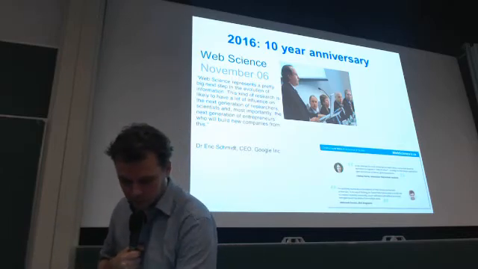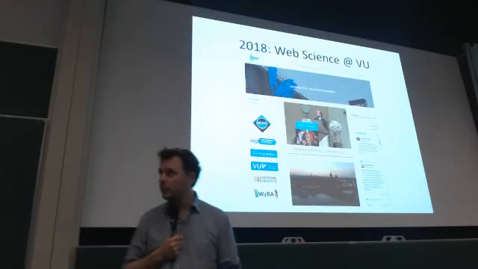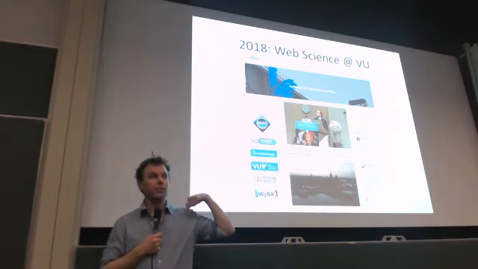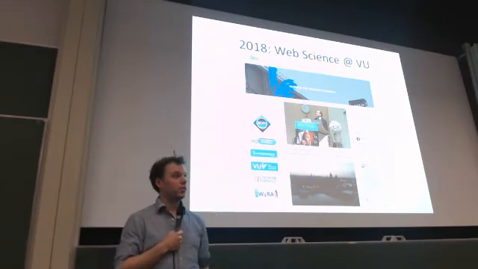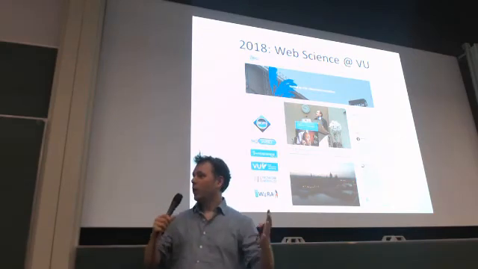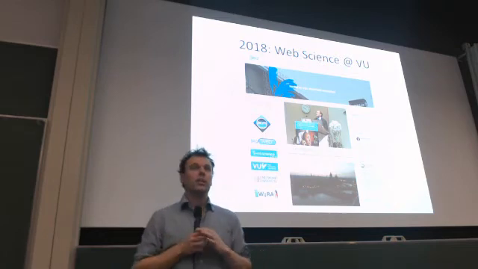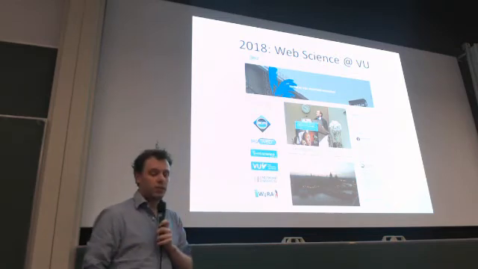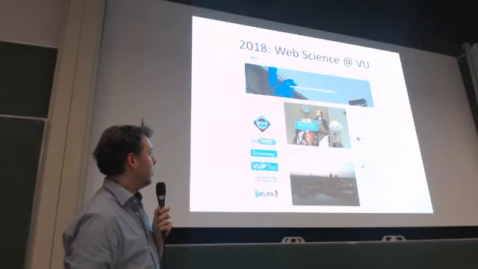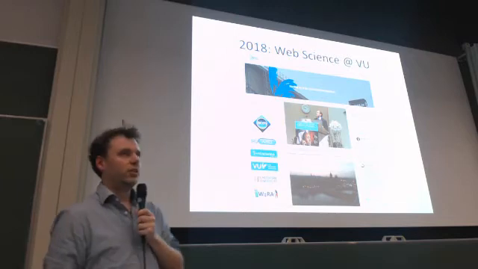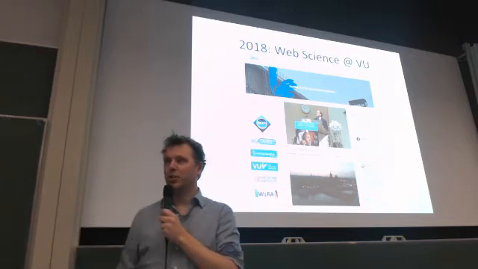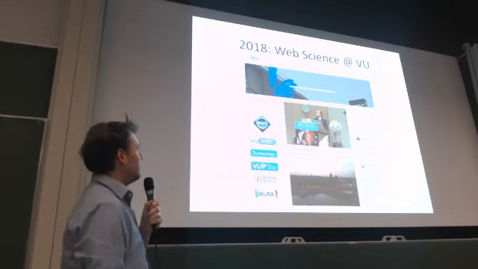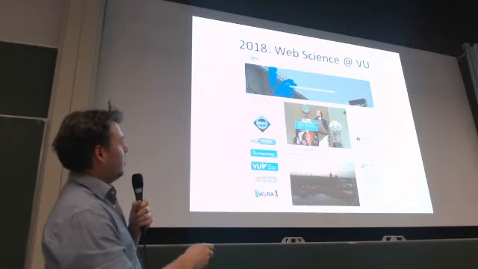And what's really cool is that this year, the Web Science Conference is going to be here. It's going to be organized by VU. This is the Web Science Conference in the world, with many important speakers, and you can actually get tickets for this, and we might even have discount tickets for students, I'm not sure. And what's super cool is that this guy is going to speak.